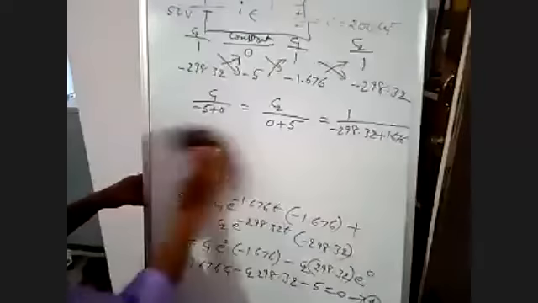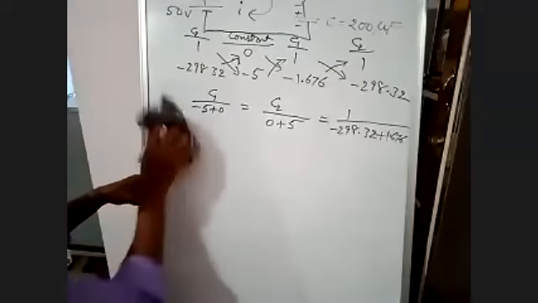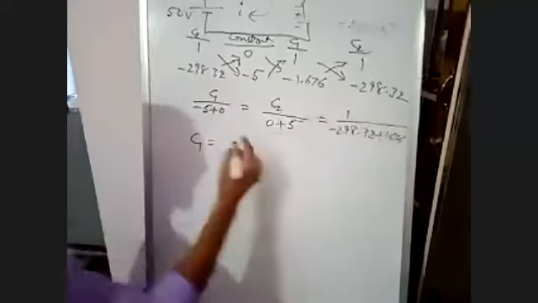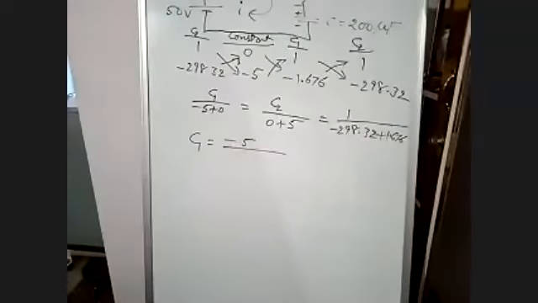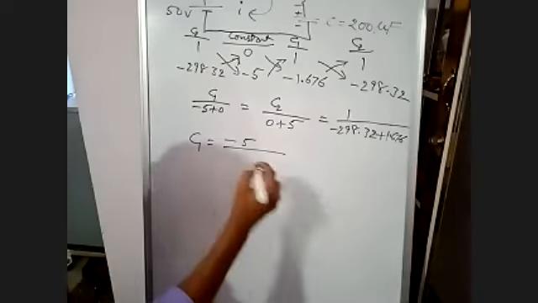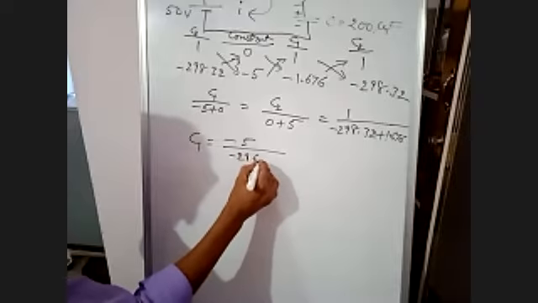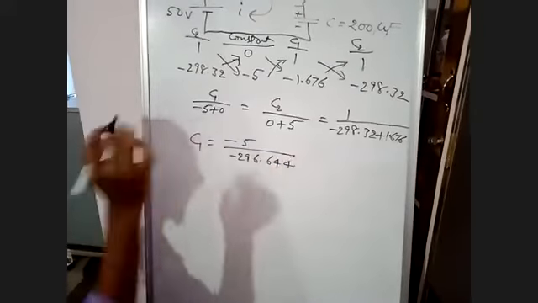Now C1 is cross multiplied with the constant term: minus 5 divided by minus 296.644. This is the value of C1.